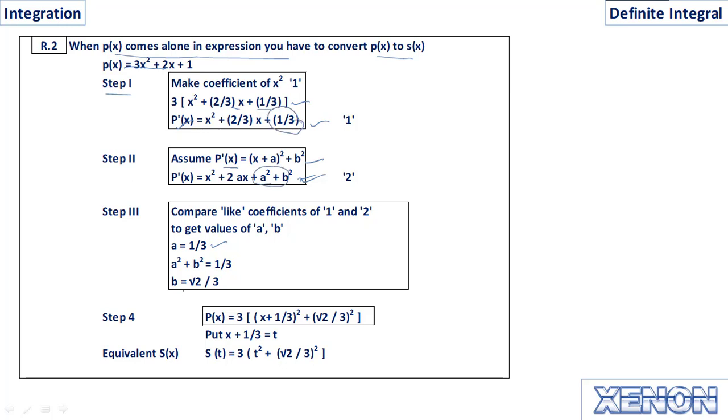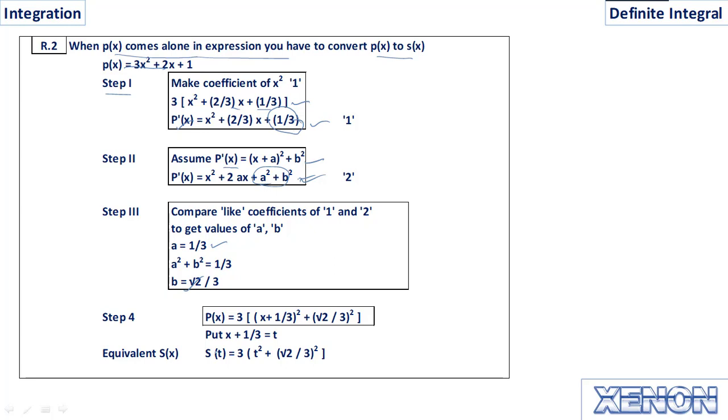Right. So here we get b equals square root of 2 upon 3. Now the equation becomes p(x) equals 3 into bracket (x plus 1 upon 3) whole square plus (square root of 2 upon 3) whole square, bracket close. Now put x plus 1 upon 3 equals t.